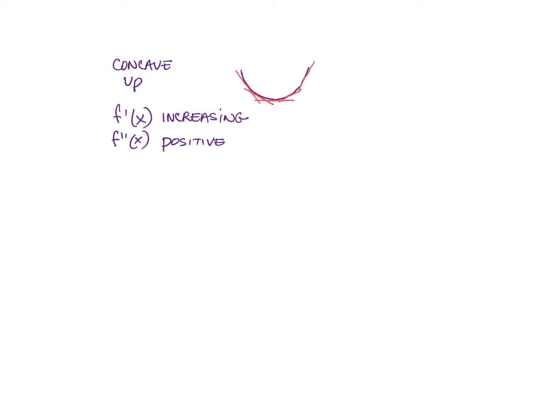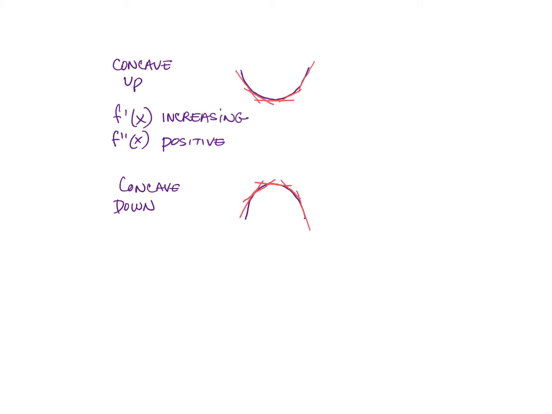Let's look at the concave down situation. We have a graph that's concave down, and a concave down situation basically looks like an upside down bowl. Let's analyze what's happening with the tangent lines here. We start with a positive tangent line, and as we round this corner, it becomes less positive, and then it becomes 0, and then it becomes negative, and then more negative.